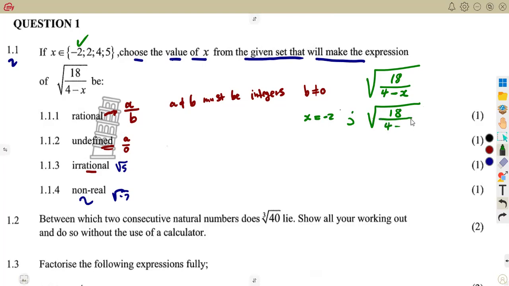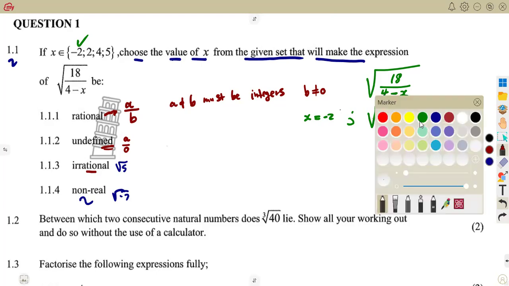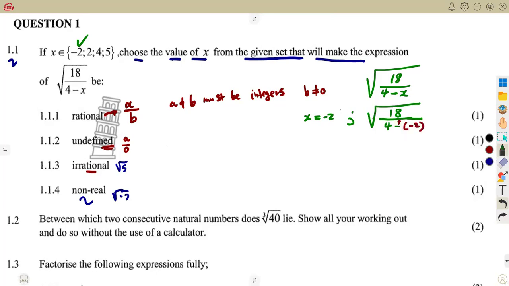4 minus, in place of x. Our x is -2. So take note, the value of x that we are given there is -2. So it will be minus, which is a plus. And simplifying this, we just need the number that is under the square root. The number that is just under the square root is the one that we need.